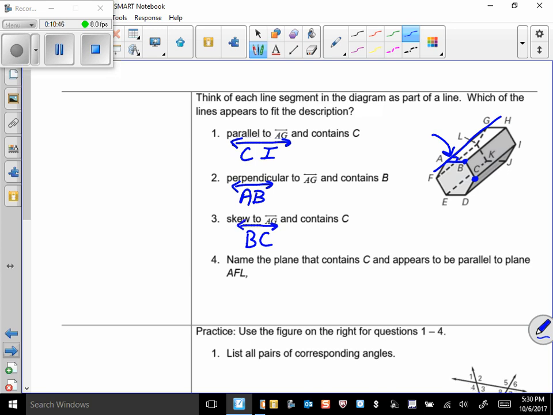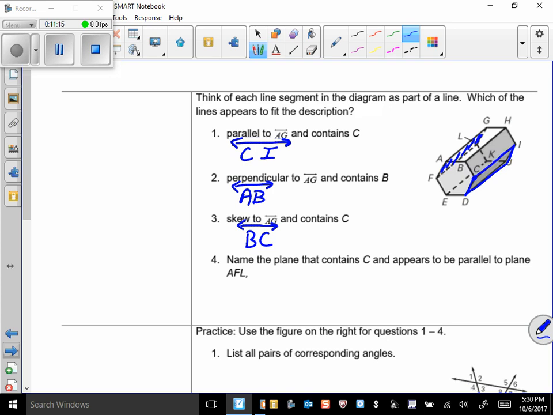And finally, name the plane that contains point C and appears to be parallel to plane AFL. Let me erase a little bit of this. Where is plane AFL? Plane AFL is this one on the side over here. So the plane that would contain point C and be parallel to that one is going to have to be this one right here.